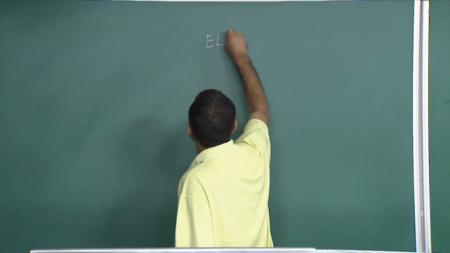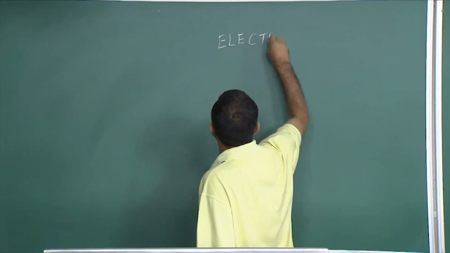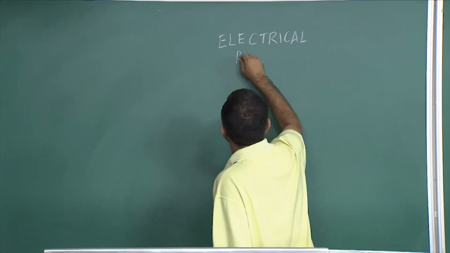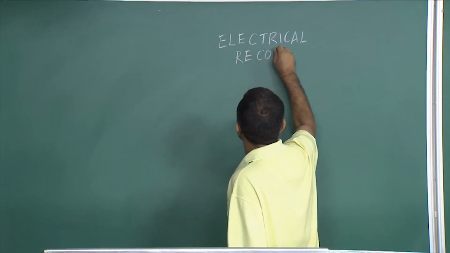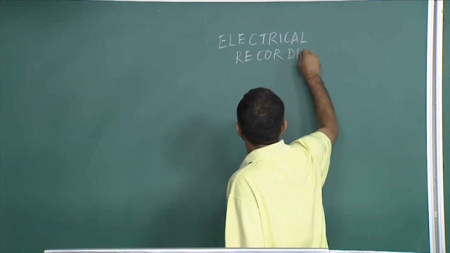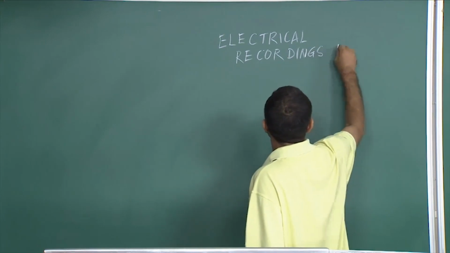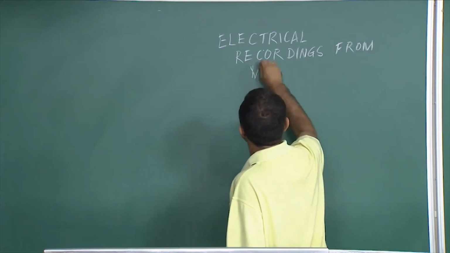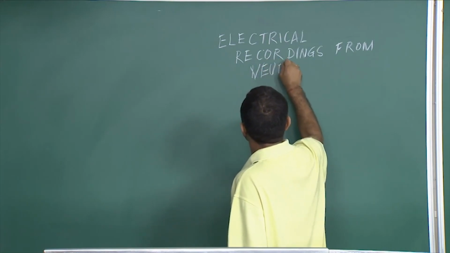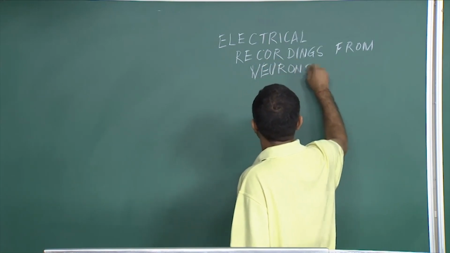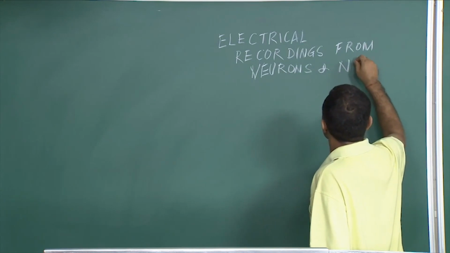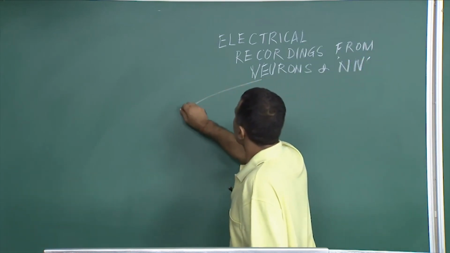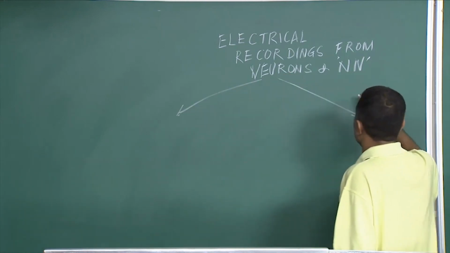The broad class is electrical recordings from neurons and neuronal network, NN. These could be classified under two broad headings.